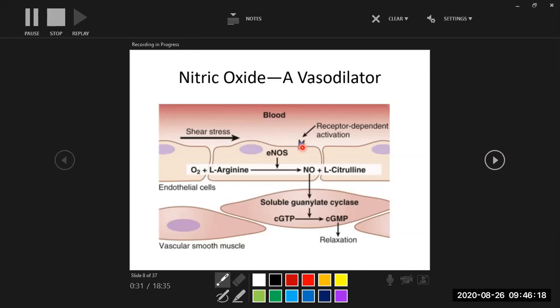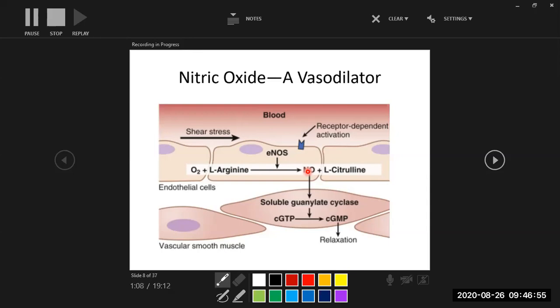The endothelium cell has a receptor to detect that mechanical force, and that will activate the enzyme in the cell, endothelial-derived NO synthase, eNOS. Then eNOS will convert O2 and L-arginine to form NO.